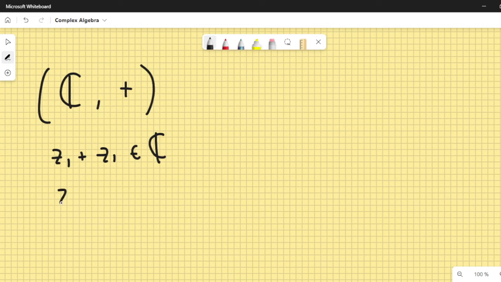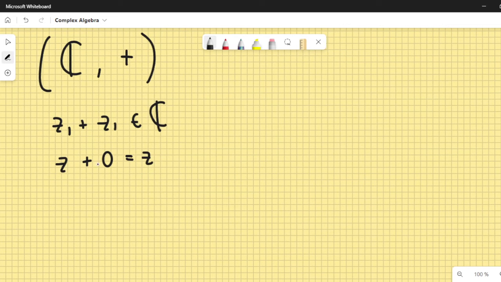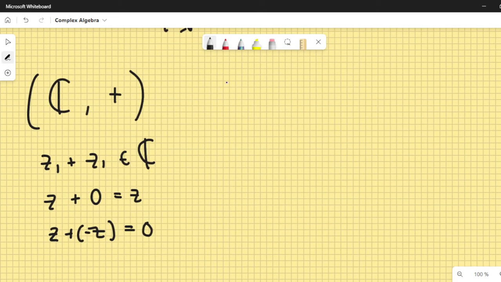Also, if you take a complex number and you add zero, the result is still the same complex number. So it has an identity. And also, you may find its additive inverse, which is the negative. So complex numbers also have identity, which is zero, and they also have inverses, which are negatives in the same sense as real numbers. So this part is actually easy.